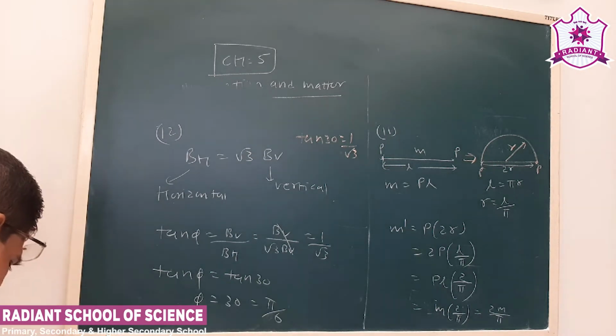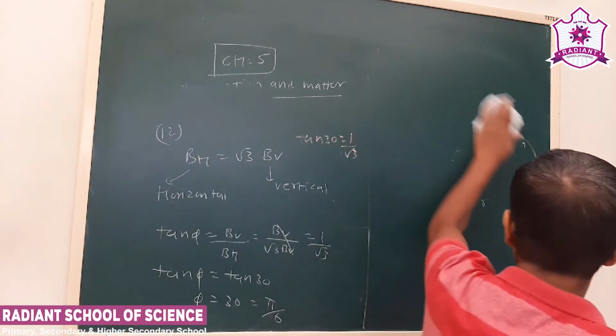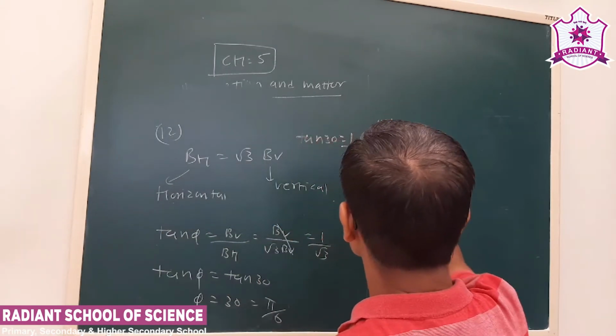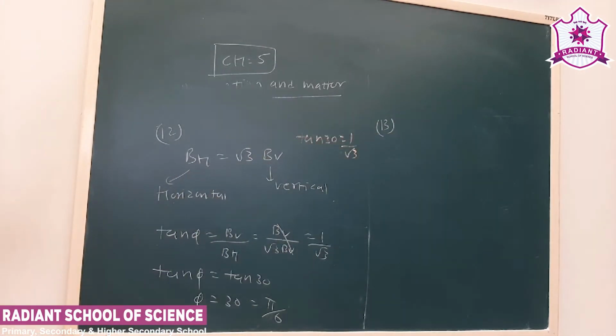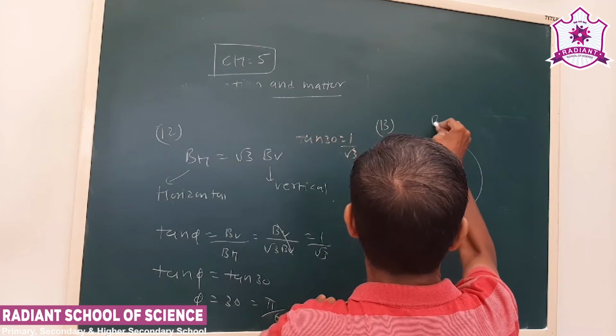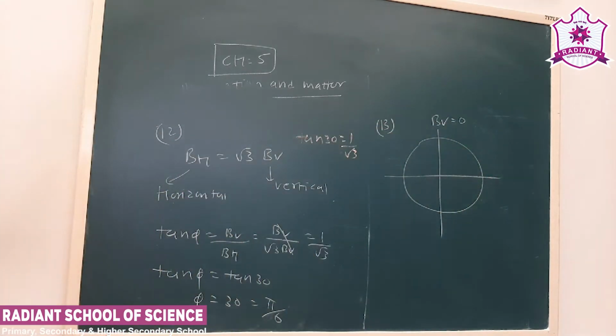Now see our next MCQ, that is related to a similar thing. See, at a place where the vertical component of the Earth's magnetic field is 0, what is the angle of dip?